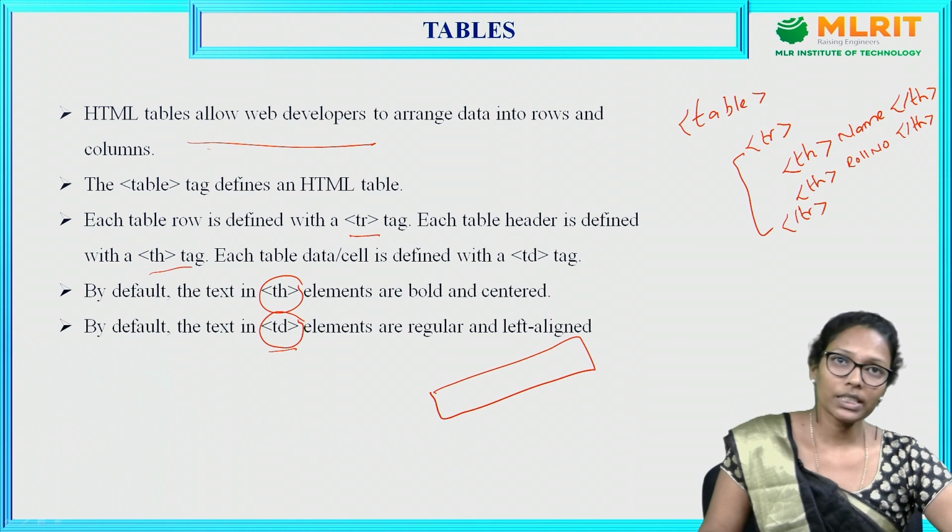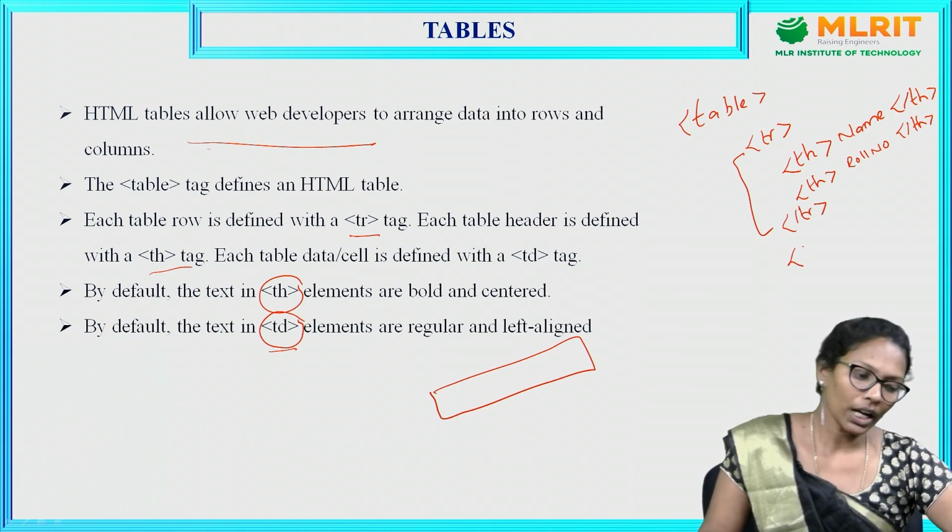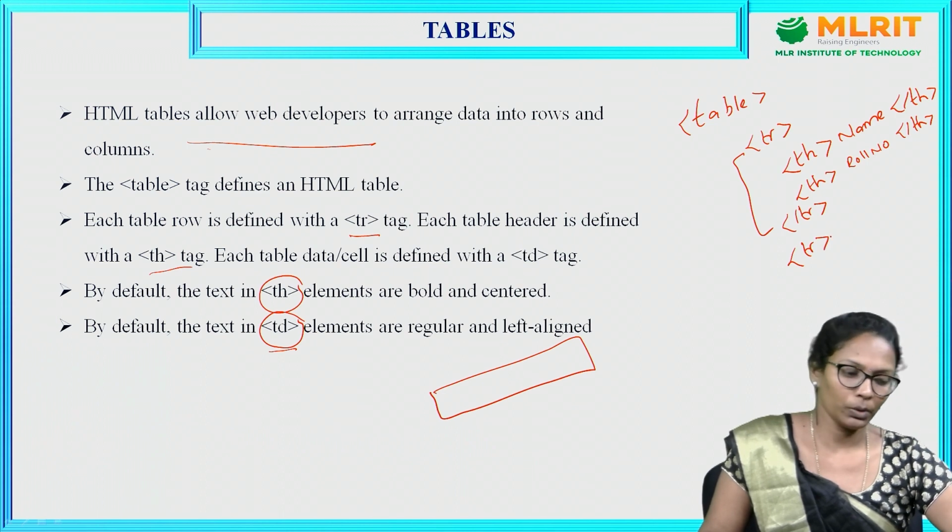I want to insert the details of the students and roll numbers as the second row. Now you need to start one more row here, that is a table row. Here you need to add the table data, which will be displayed as normal text, not in bold format. If I use th, it will be displayed in bold, but if I use td, it will be displayed as plain text.